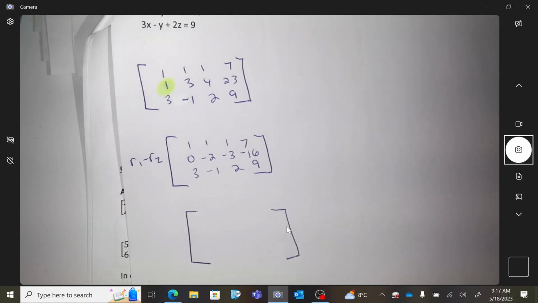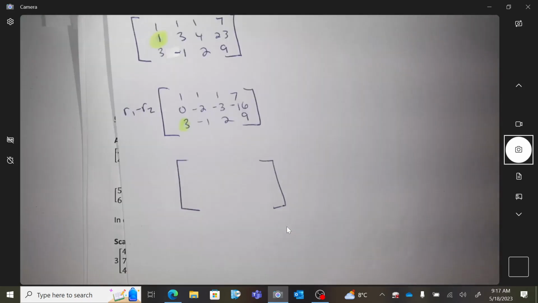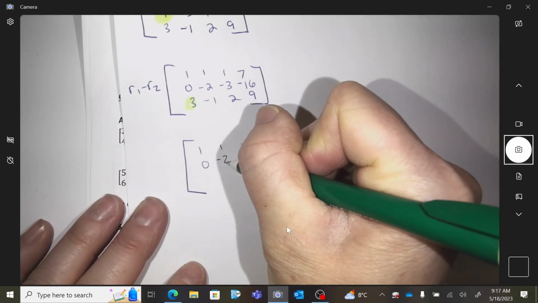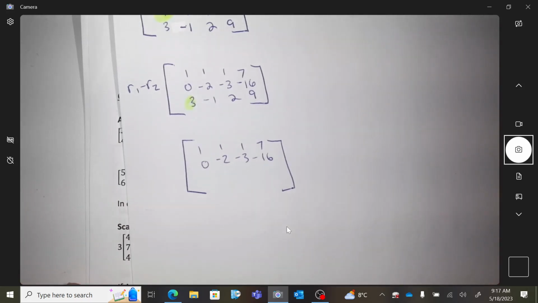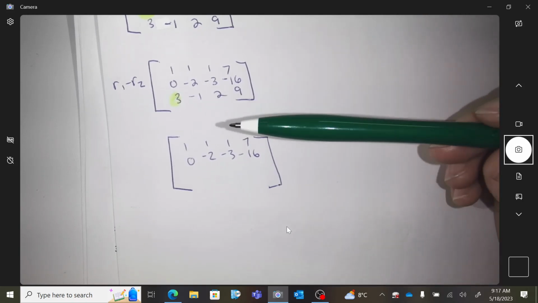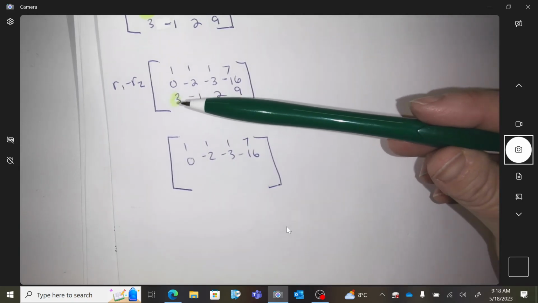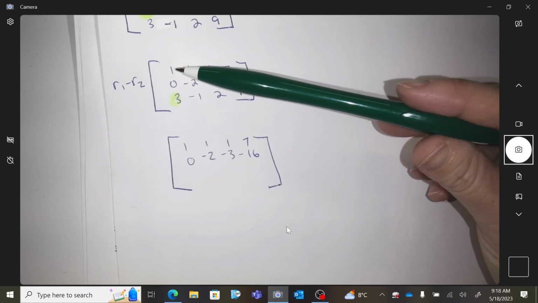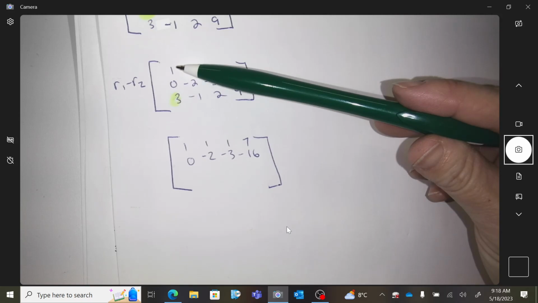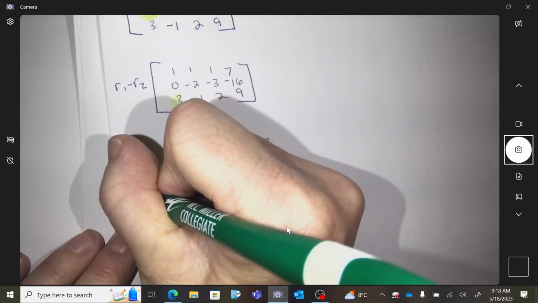Okay, now we're going to attack that 3. That's the next in the horseshoe. So I'm going to copy the top 2 lines now. Okay, how am I going to get rid of this 3? I'm going to do 3 row 1s minus row 3.